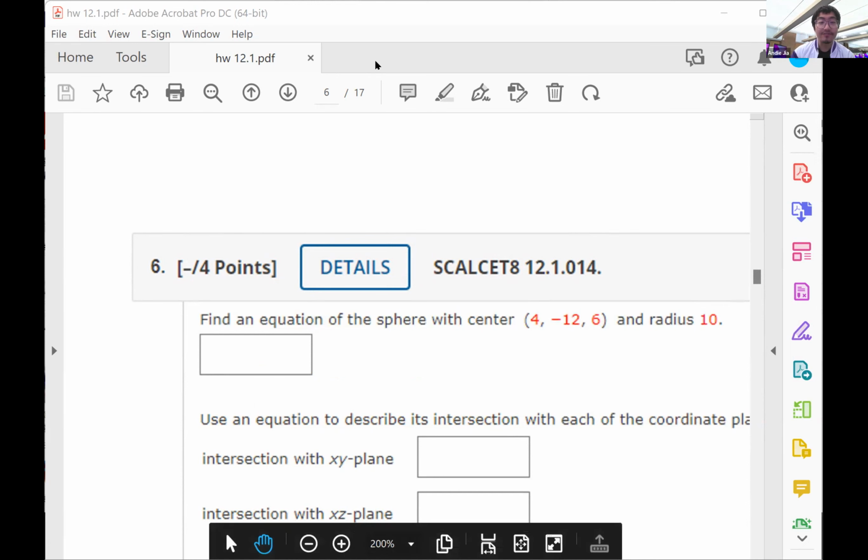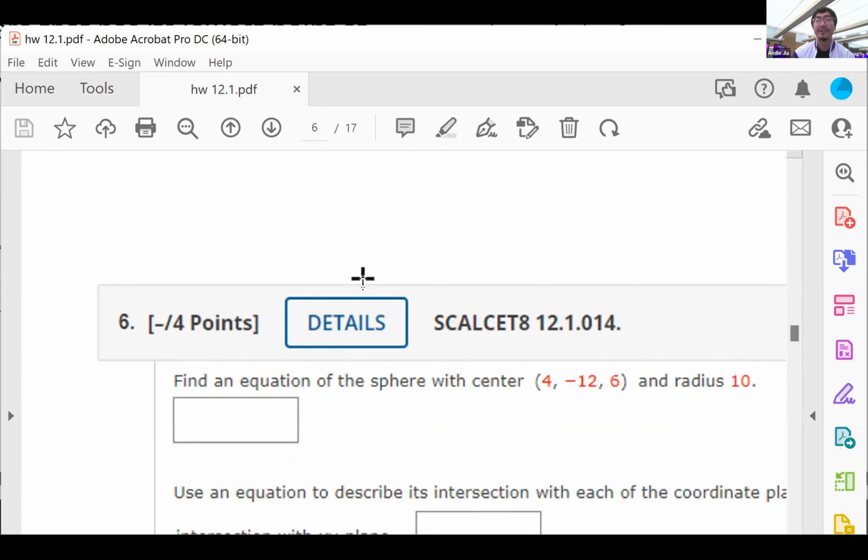And now we explore the sphere. It's centered at (h, k, l) with a radius r. We write the equation x minus h squared plus y minus k squared plus z minus l squared equals r squared.